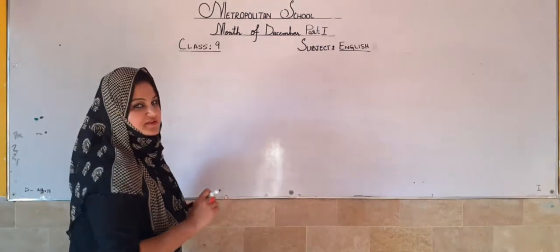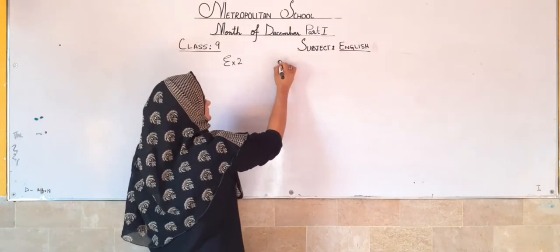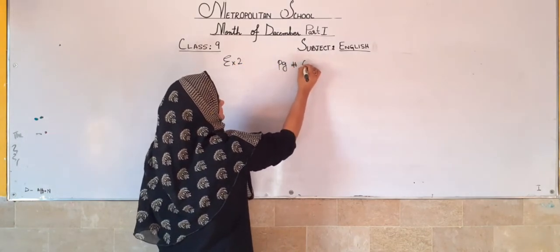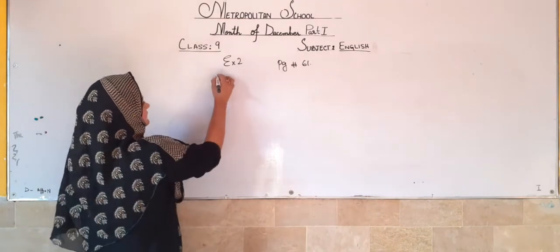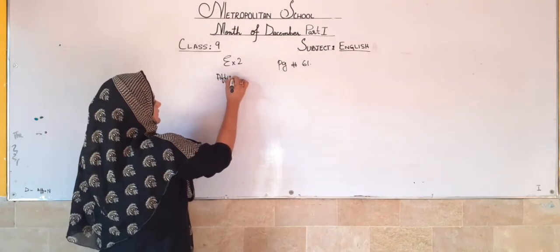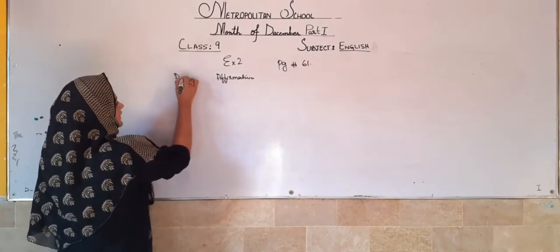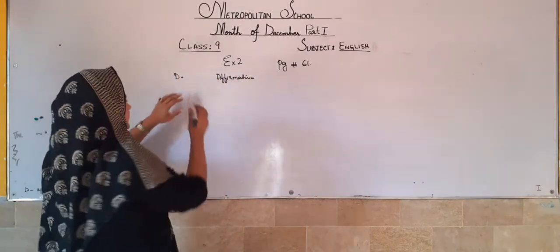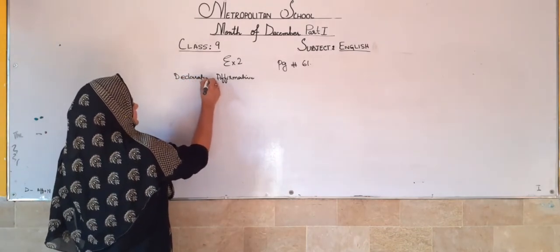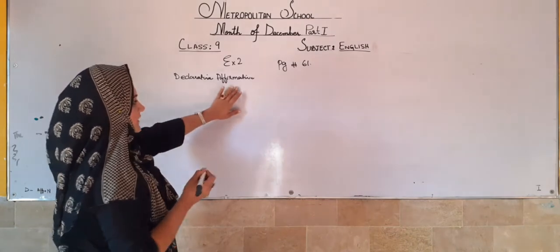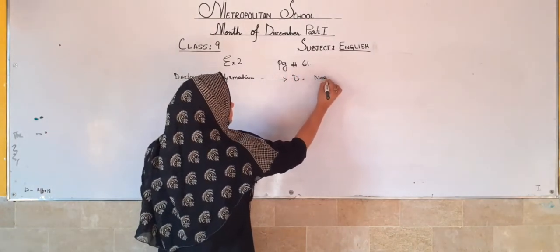Now I am going to start exercise 2, which is on page number 61. Okay, in this exercise you need to change affirmative. I'm going to write the short form of declarative, but I think you will get confused, so it's okay. Declarative affirmative, you need to change into declarative negative.